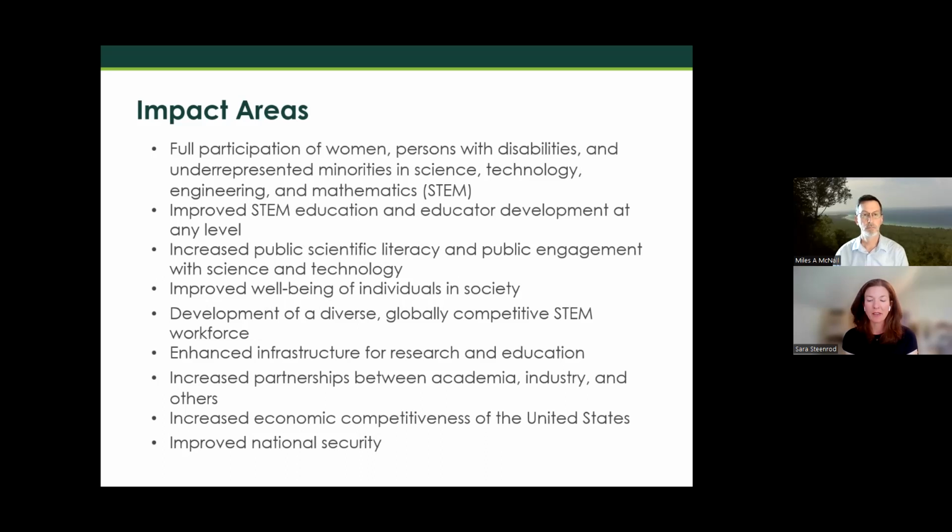Increased public scientific literacy and public engagement with science and technology. Improved well-being of individuals in society. Development of a diverse, globally competitive STEM workforce, enhanced infrastructure for research and education, increased partnerships between academia, industry, and others, increased economic competitiveness of the United States, and improved national security.